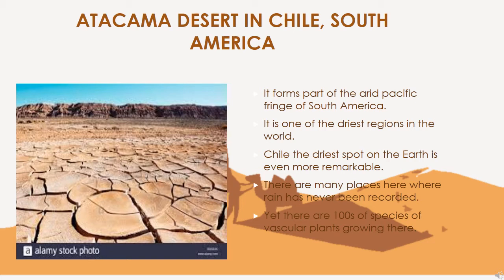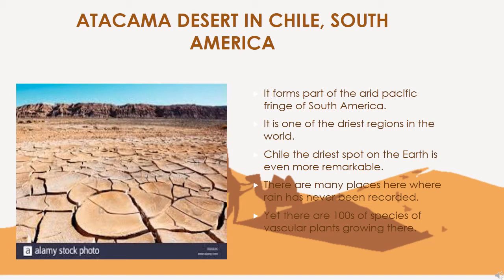Meaning for decades there has not been any rain on this area. Yet there are hundreds of species of vascular plants growing there. Vascular plants are seed-bearing plants, and surprisingly around 1 million people call the Atacama Desert their home, crowding into coastal fishing villages, mining areas and oasis towns.